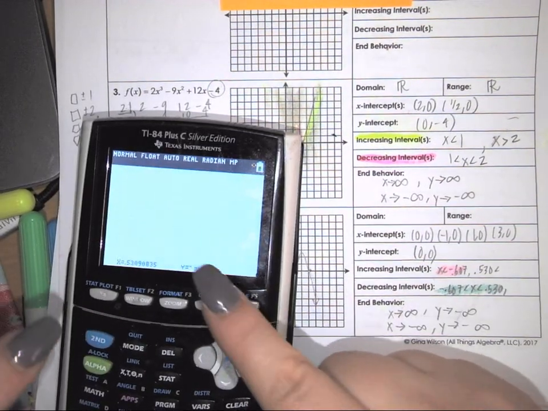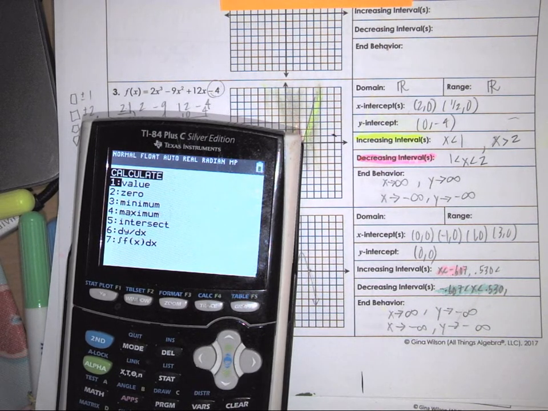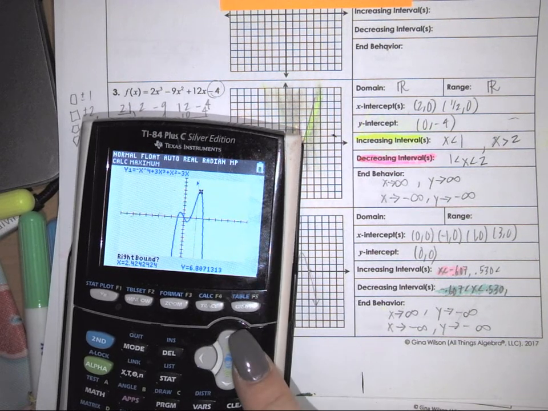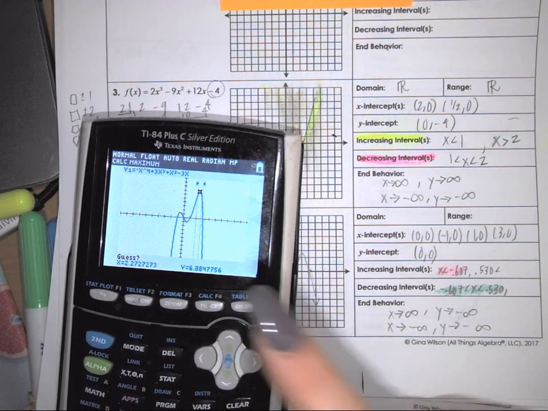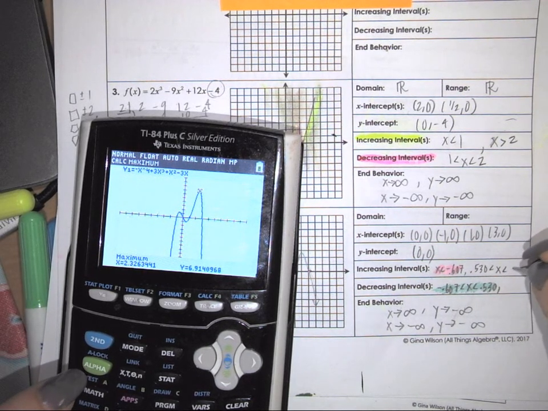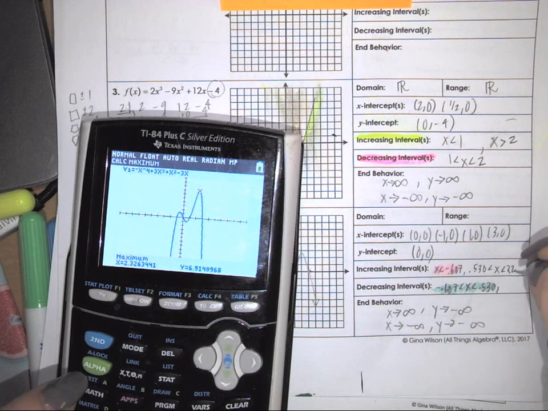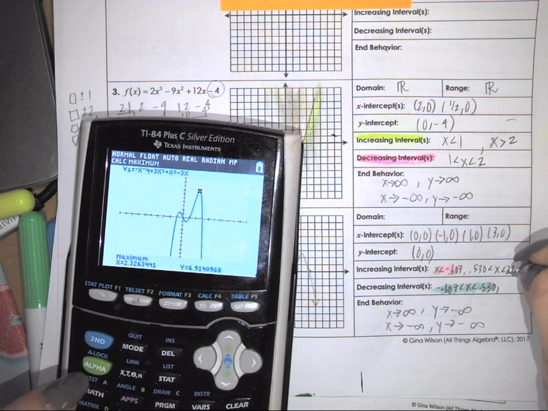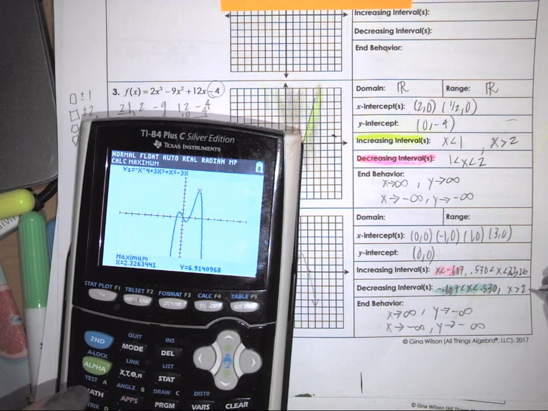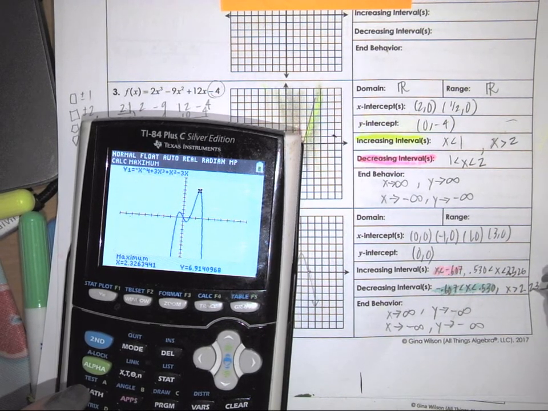So we calculate the max again. So 2.326. And then the last decreasing interval is x is greater than 2.326.